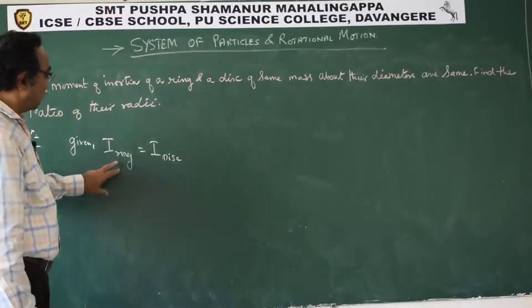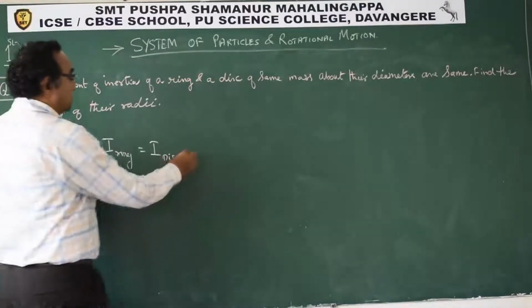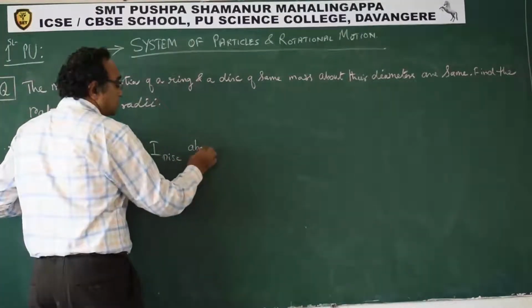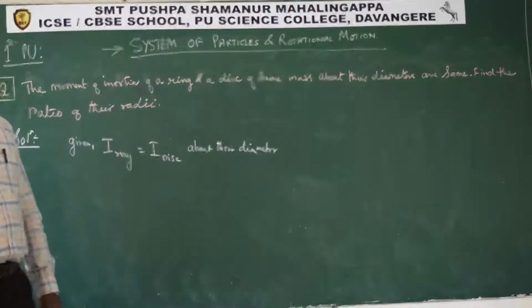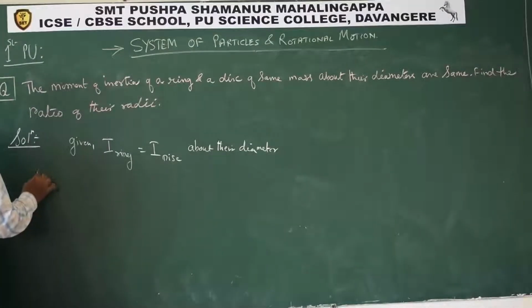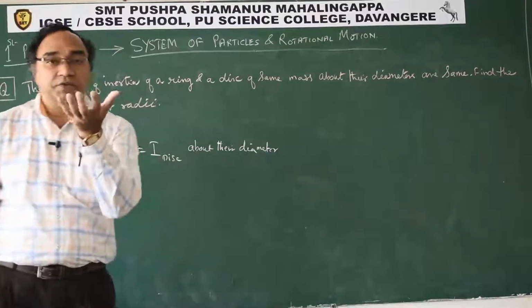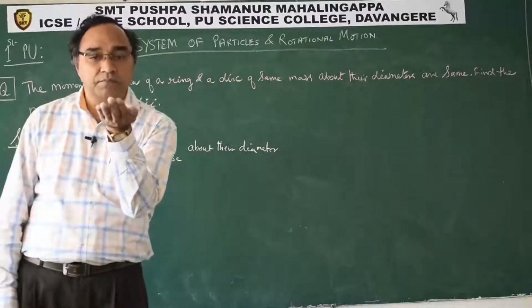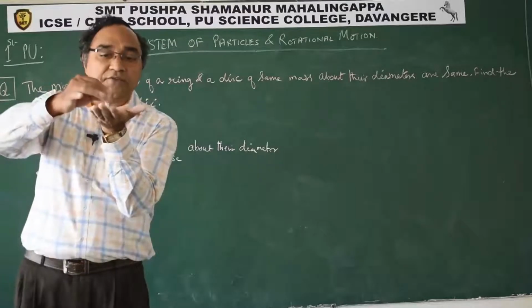So we have to find the moment of inertia of a ring about a diameter. Now, diameter, see, just visualize a ring is in your palm like this. So axis is this way.